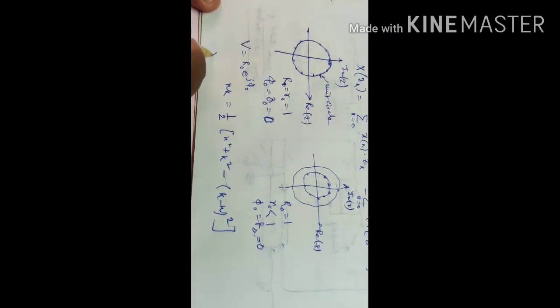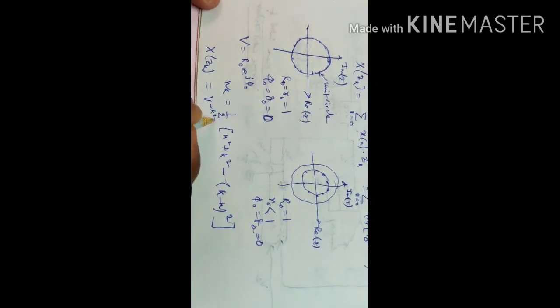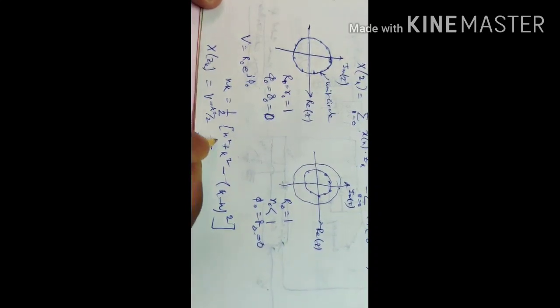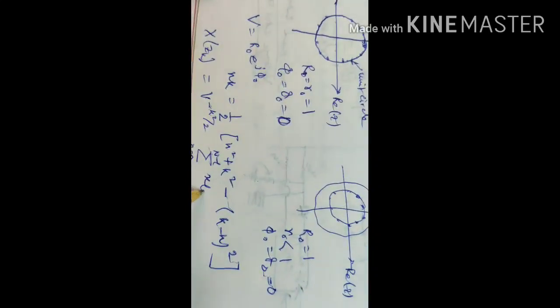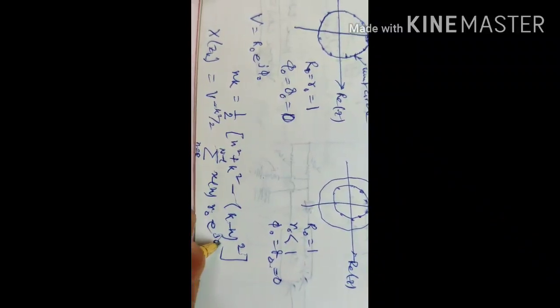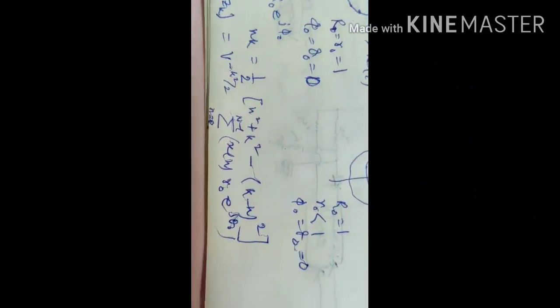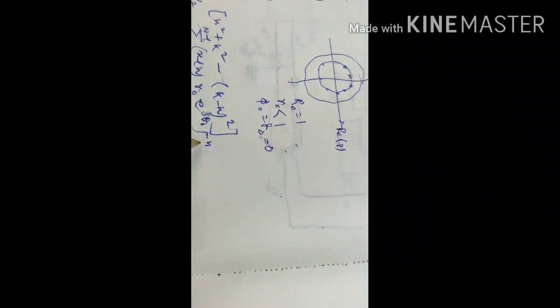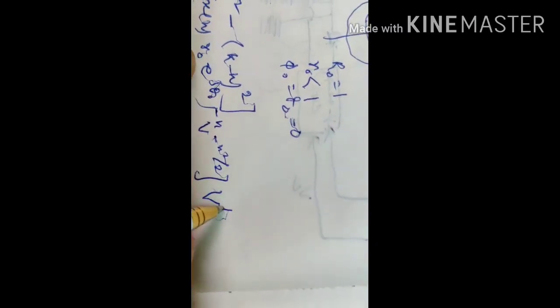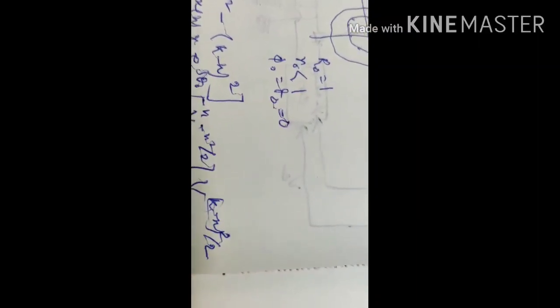So X(z_k) will be expressed as W to the power k square by 2, summation n equal to 0 to N minus 1 of x(n) (r_0 e to the power j theta_0) to the power minus n W to the power n square by 2, into W to the power minus (k minus n) whole square by 2. That is the expression.